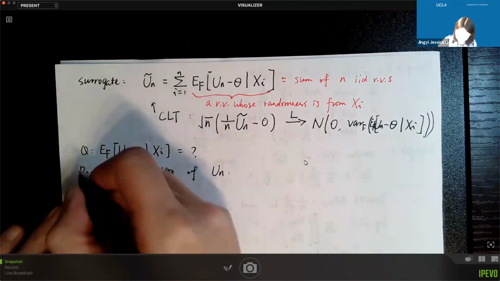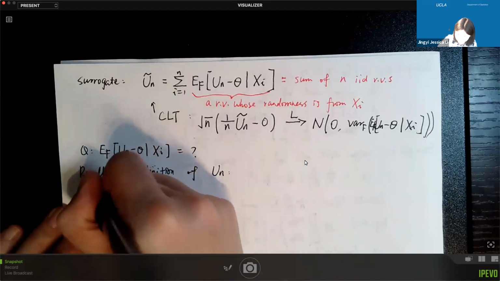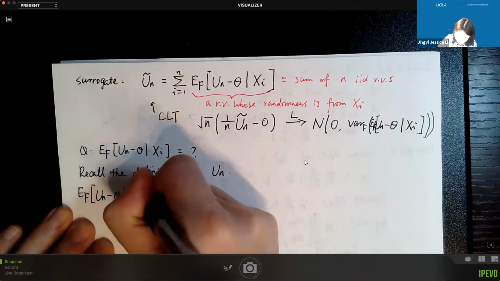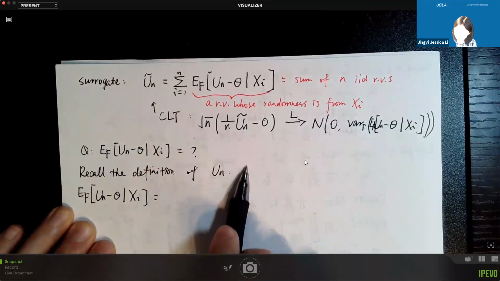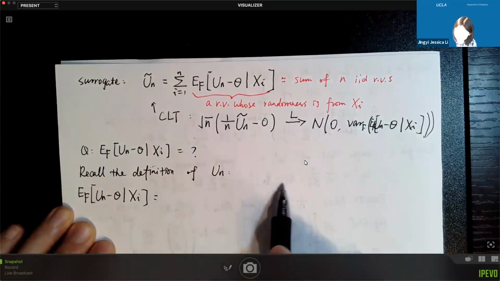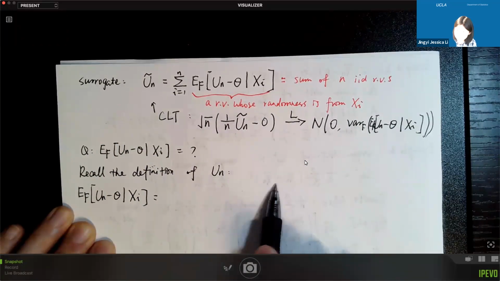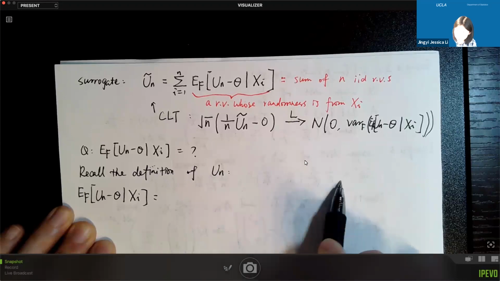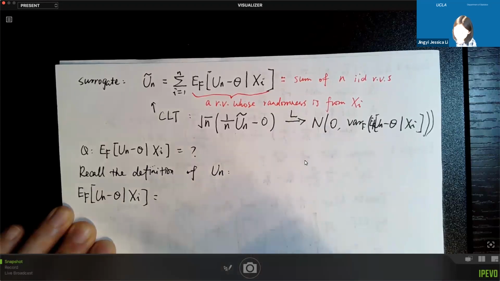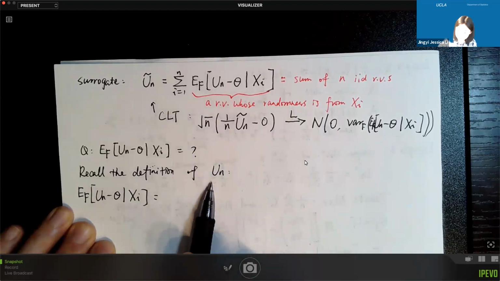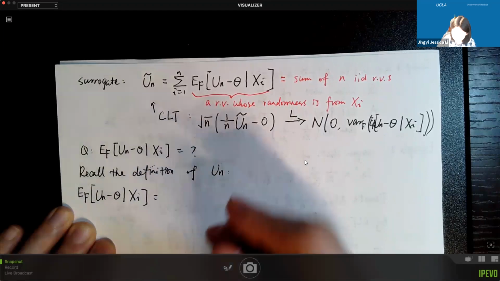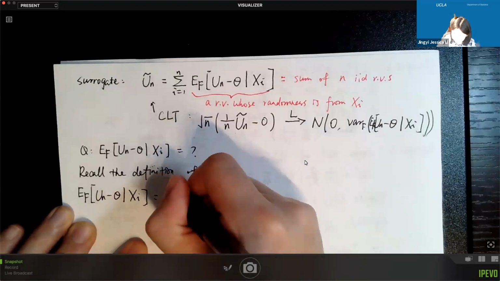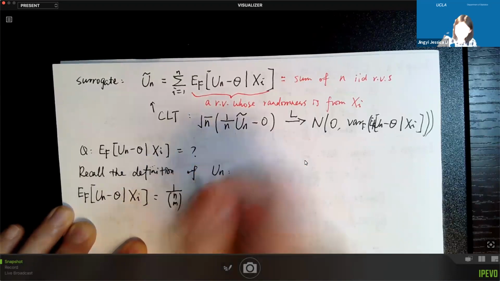With the definition, we can write the expectation of U_N minus theta given X_i as follows.